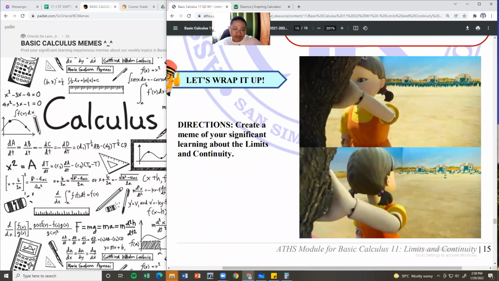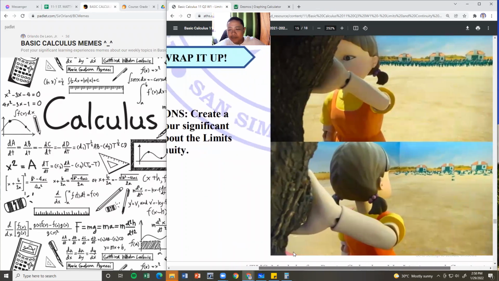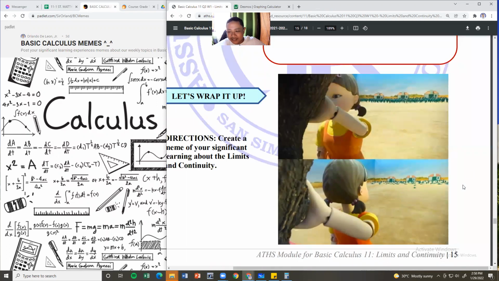Create a meme of your significant learning about limits and continuity. I will give you 5 minutes to do this. Take a screenshot of our template, edit it, and then post it in our Padlet, the link that I sent in our chat box.